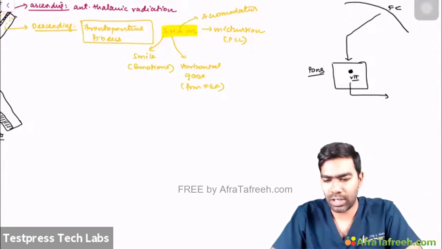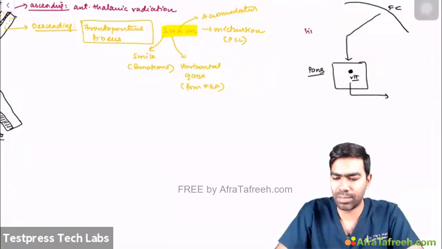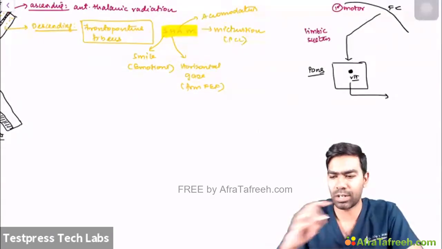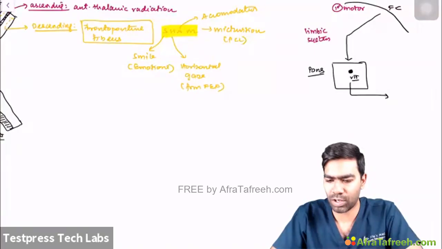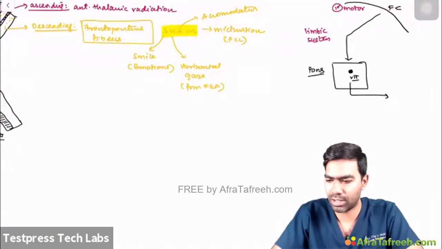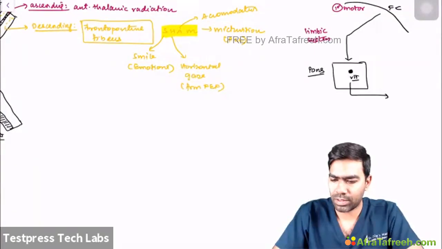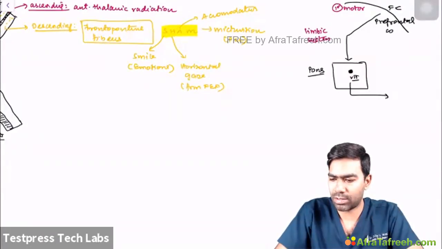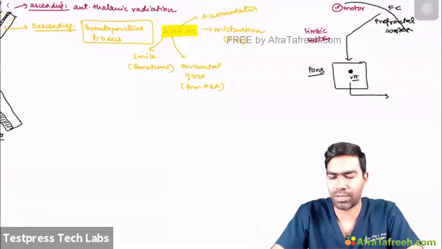Remember, this seventh cranial nucleus is not only influenced by the frontal lobe, it's also influenced by multiple other areas. For example, it is connected with the limbic system. It is connected with the primary motor cortex, which is a completely different area. We are probably talking about the prefrontal cortex here, so I can write PFC. That's where the majority of the SHAM fibers will be coming from.